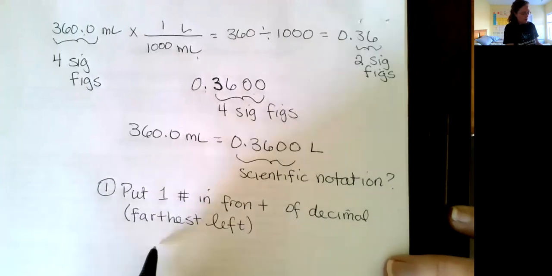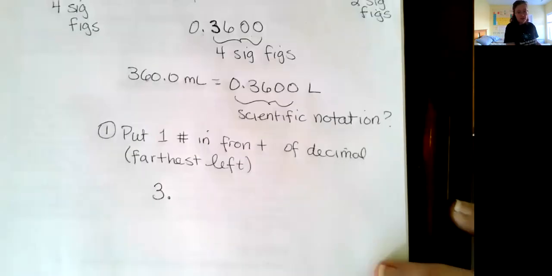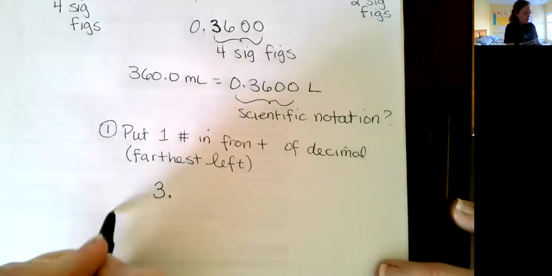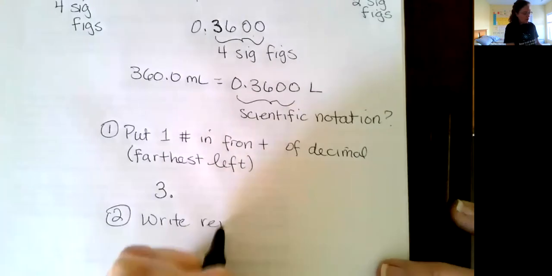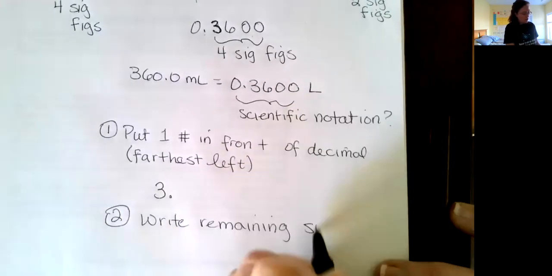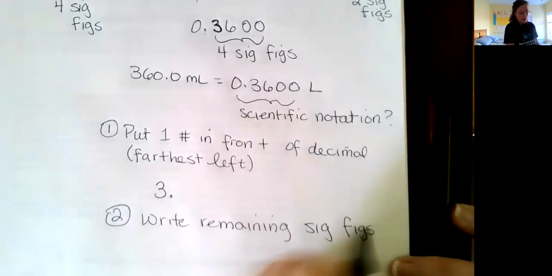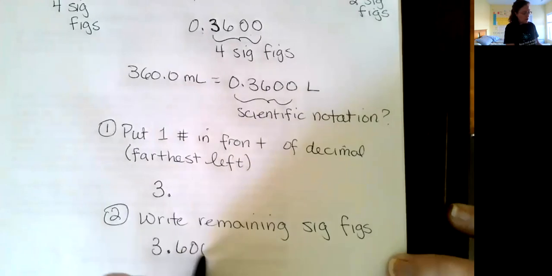So in this case, it's going to be 3 point. Then the next thing, step 2, write the remaining significant figures. In this problem, that's going to be 3.600.